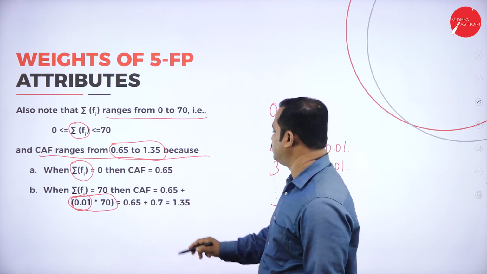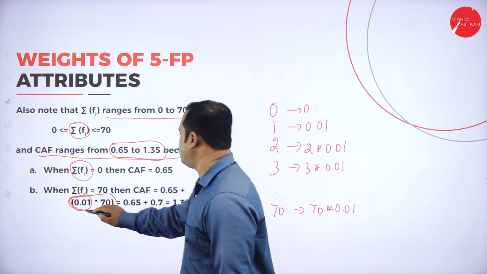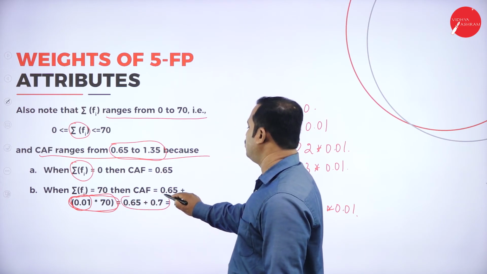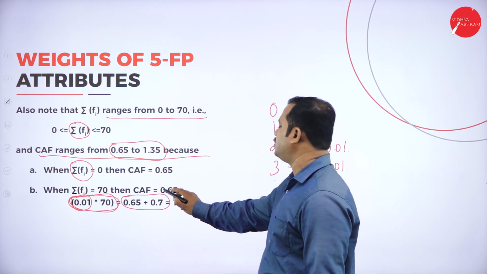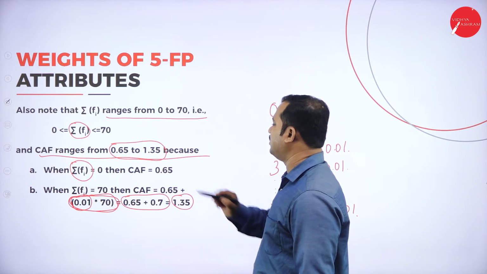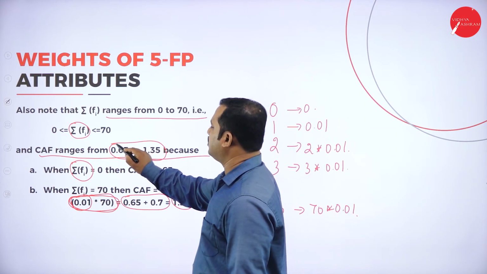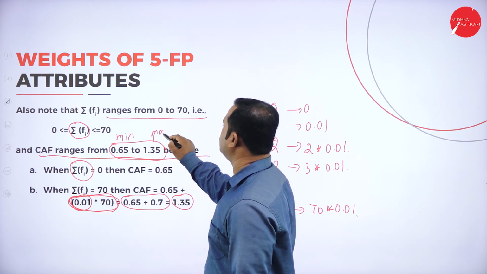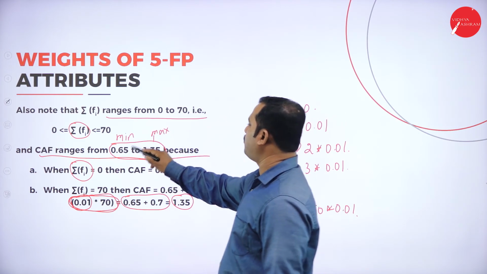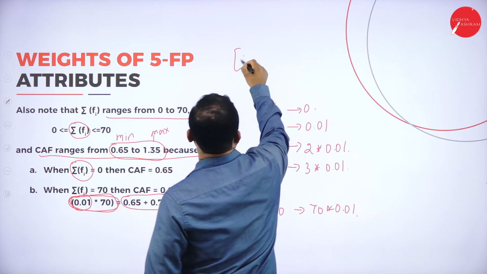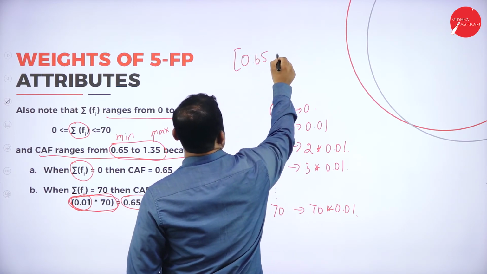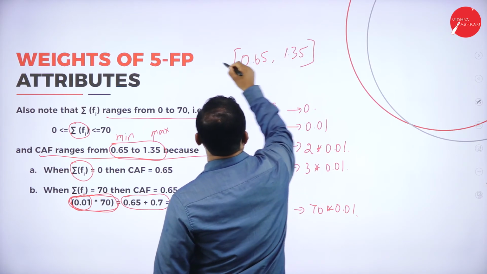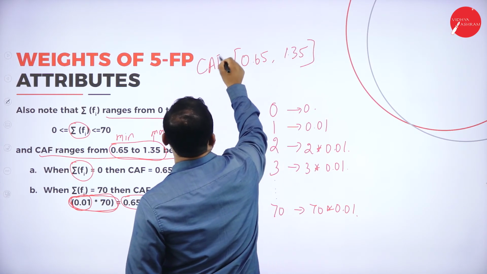This is how we are going to calculate it. 0.01 into 70 is 0.7, so 0.65 plus 0.7 is equal to 1.35. That is the same range. This is the minimum value and this is the maximum value. CAF ranges from a minimum of 0.65 to a maximum of 1.35. This is the range of CAF.